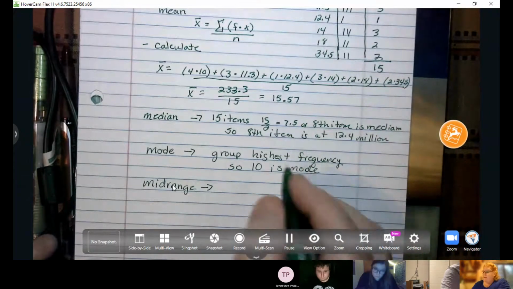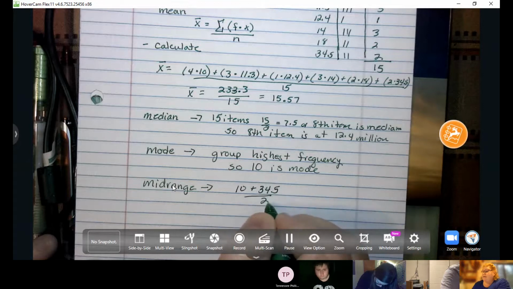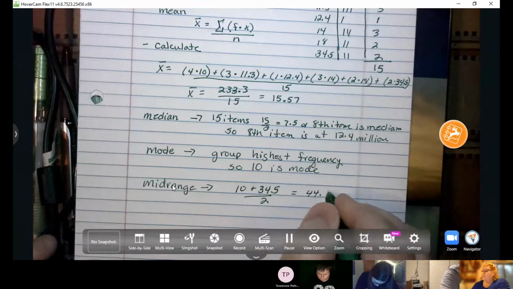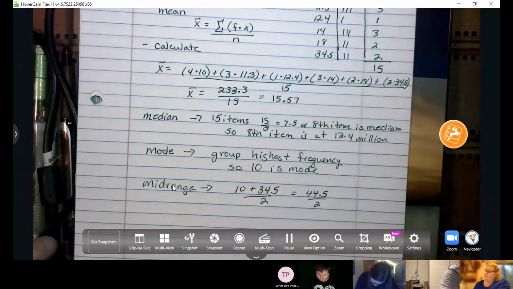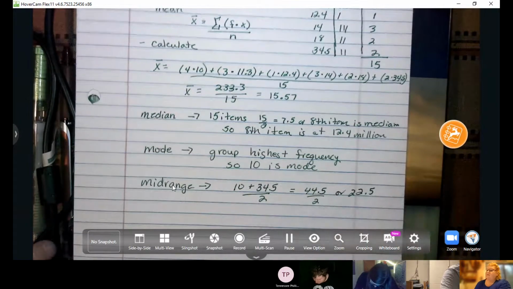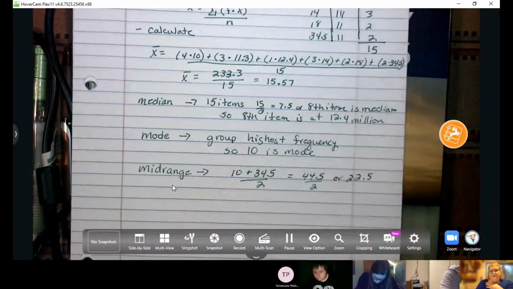So we still do that the same way, the min plus the max, divided, which gives us 44.5 divided by 2, which is 22.5 for the mid-range. So that gives us an example of how to find each of the central tendencies using a frequency distribution.